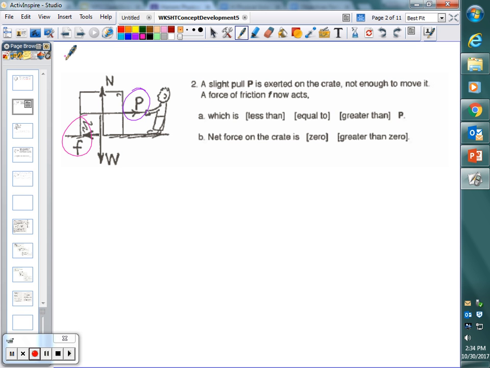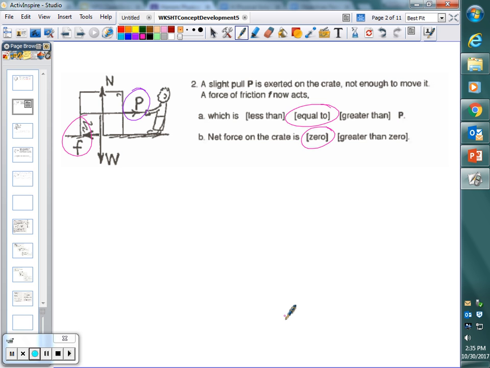So, if we have these two forces and still nothing is happening, what does the net force have to be? 0. So, a friction force now acts, which is, how does that friction force have to compare to force P? It's got to be equal to. Okay? Has to be, has to be, has to be, because now the net force is what? 0. And you still have no motion. Good there? Okay.